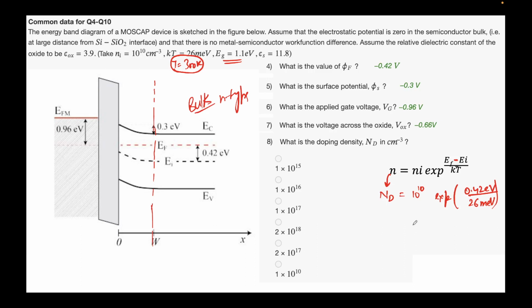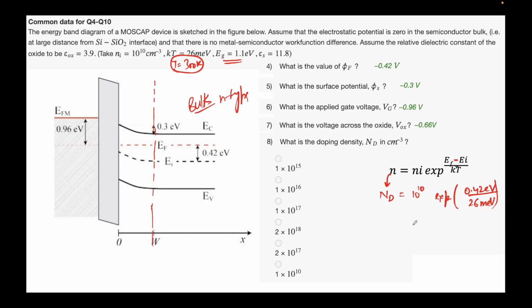It will be exponential of 420 by 26. Okay, this is a big number. It's coming out to be 1.04 into 10 to the power 17. Multiplying by 10 to the power 10 for ni, this is 1.04 into 10 to the power 7, in cm minus 3 because ni was in cm minus 3. We have to round it off also. This is approximately 1 into 10 to the power 17 cm minus 3, this option.